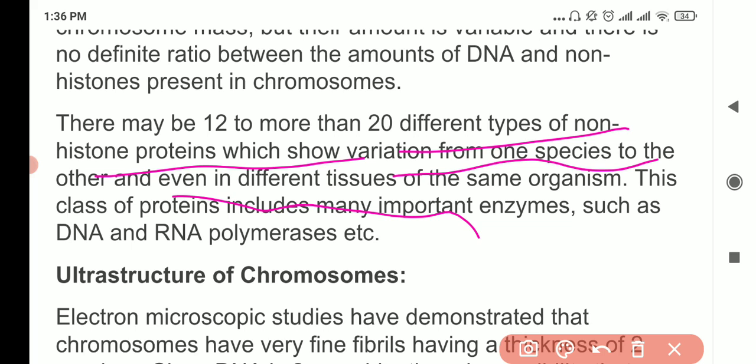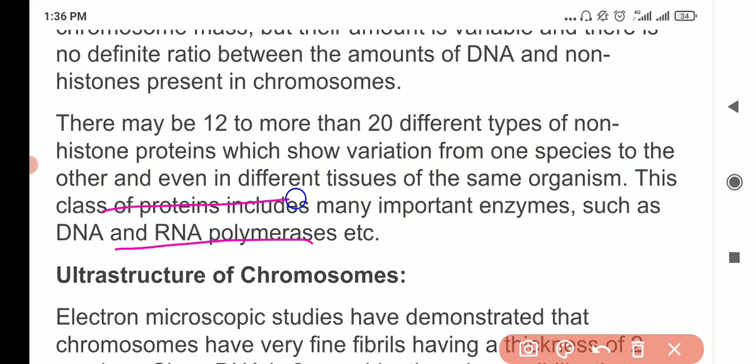So the non-histone proteins are your enzymes, your DNA polymerase, that very enzyme which does the work of replication. Remember, this is your double-stranded DNA, then the replication fork.